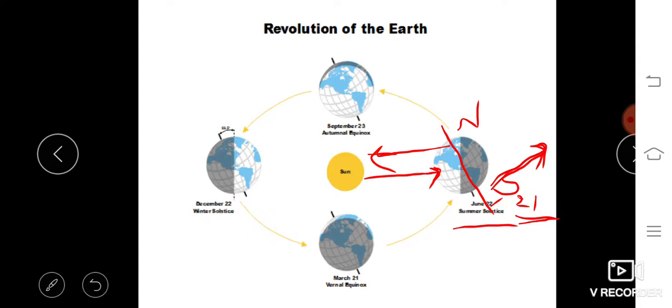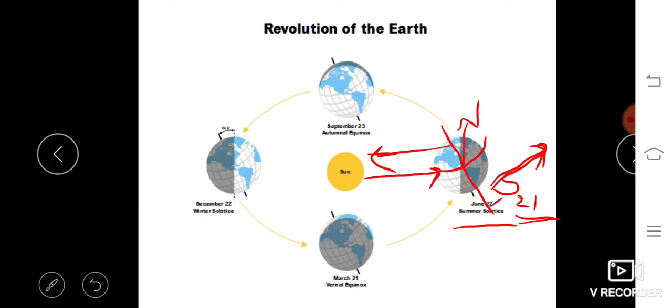What is Tropic of Cancer? Tropic of Cancer is 23.5 degree north latitude. That's why it is summer in the northern hemisphere.